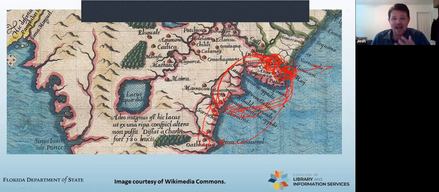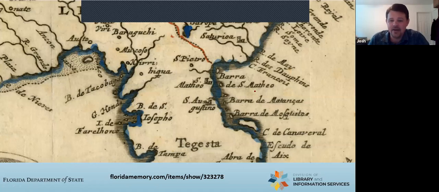And that act, that deed, is actually memorialized, you could say, in the name of that area, because if you've been over that way, you've probably heard of the Matanzas River or the Matanzas Inlet, or there was actually a small community in that area just to the south of St. Augustine, about 11-15 miles south of St. Augustine, called Matanzas.